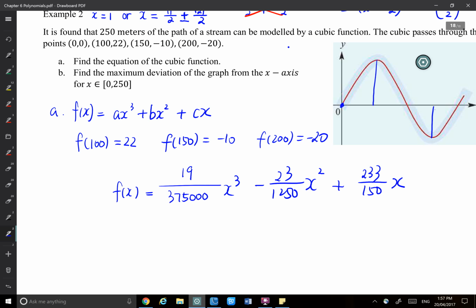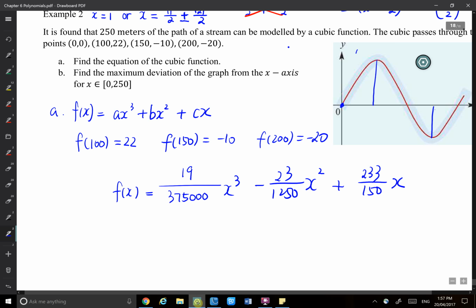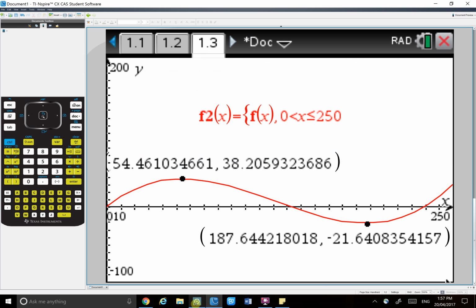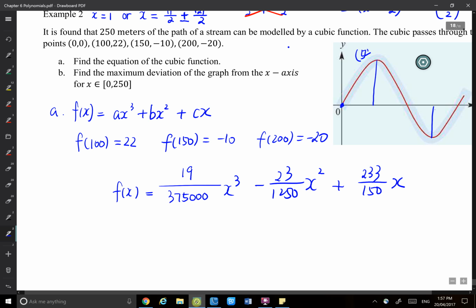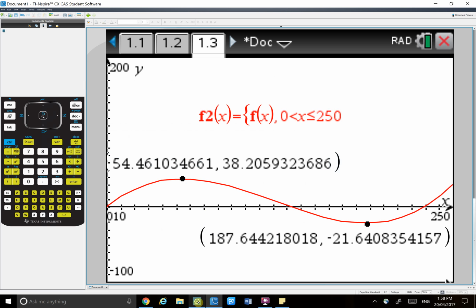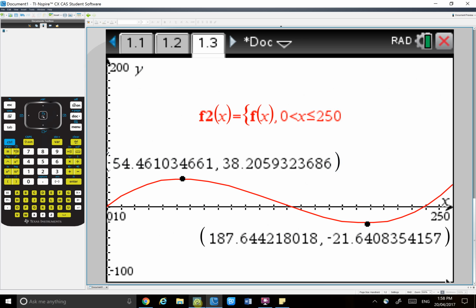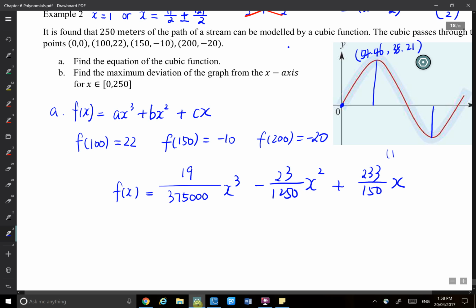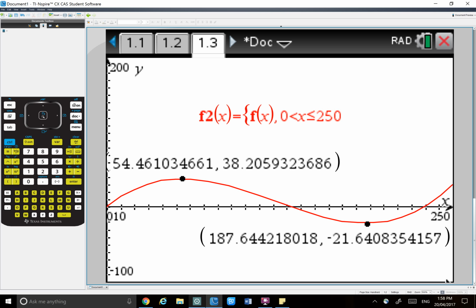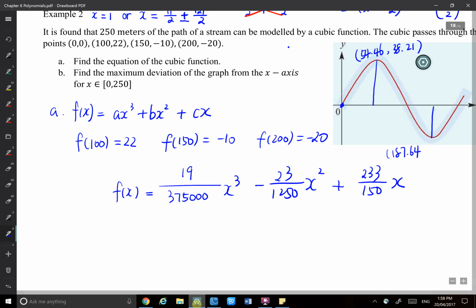So I will have that point is 54.46, 38.21, and this one is 187.64, minus 21.64.